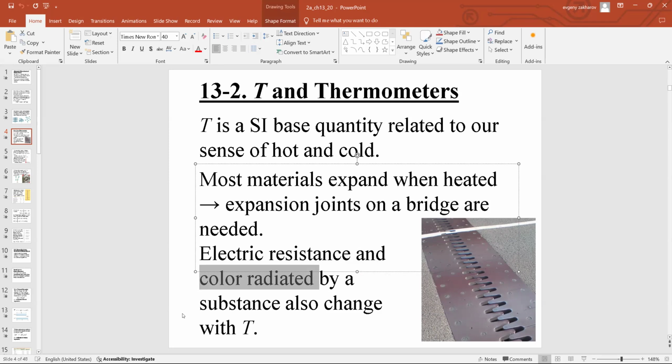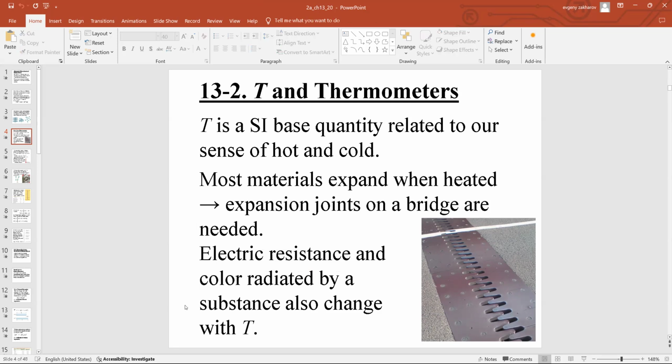So with change in color, you have change in that wavelength, and the color by itself is just a property for the certain temperature. If it's red hot, that means it's a certain temperature. If it's white hot, I'm pretty sure you've heard red hot versus white hot, and that color change actually represents the change in temperature as well.